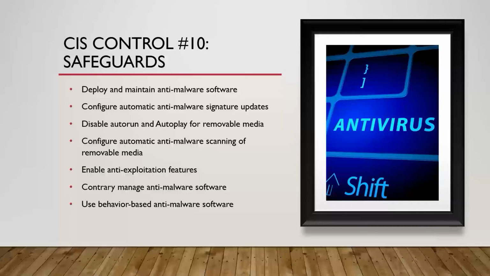Another safeguard is just centrally managing that anti-malware software so you can identify what's going on with all your end-user systems, and then using behavior-based or heuristic-based anti-malware software or solutions. And again, a lot of these solutions these days have all this stuff just packaged up into one. So you don't have to go out and find individual applications for each one of these things.